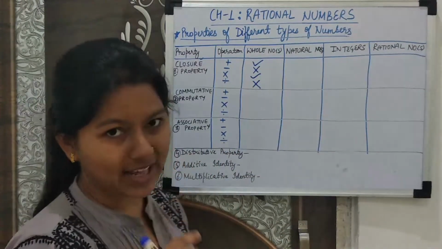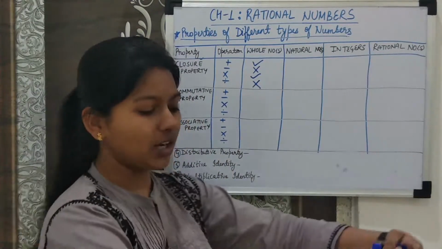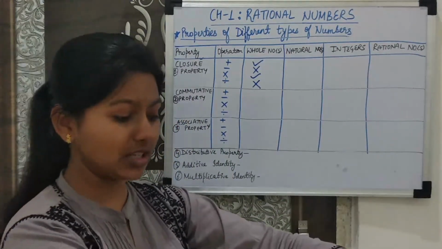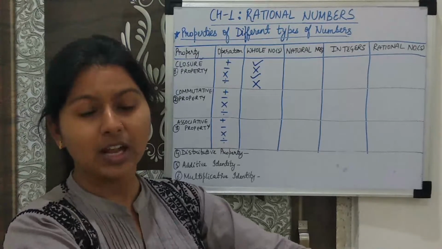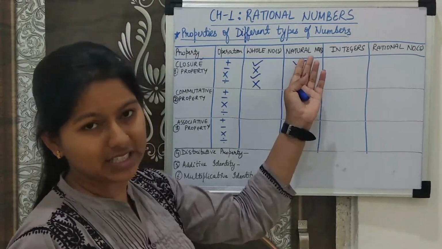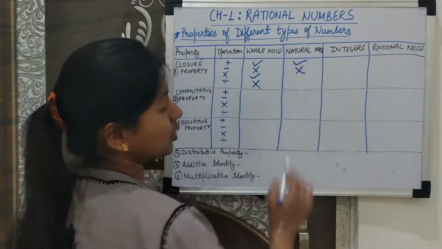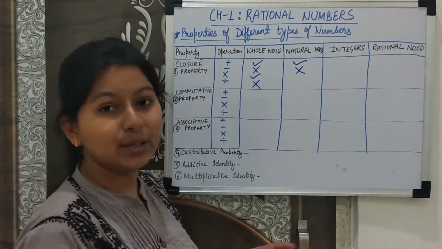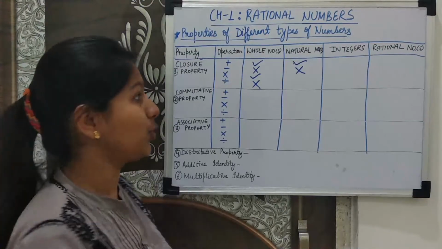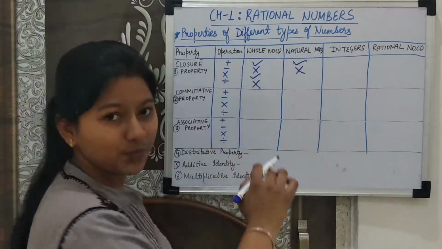Similarly, we can check the closure property for natural numbers. Now again, this is the circle of natural numbers. I will take 2 natural numbers, 3 and 7. I will add them: 3 plus 7 is 10. So natural numbers are closed under addition. 3 minus 7 is minus 4, so it is not closed under subtraction.